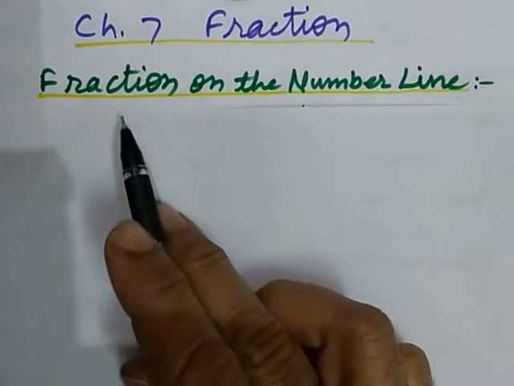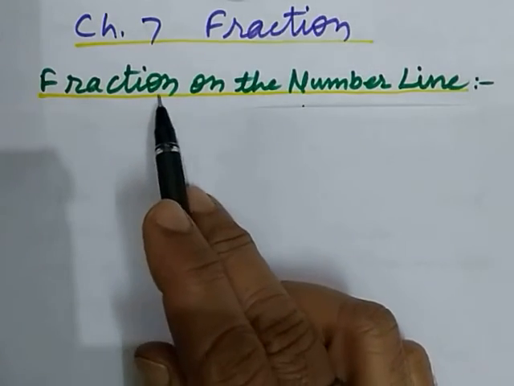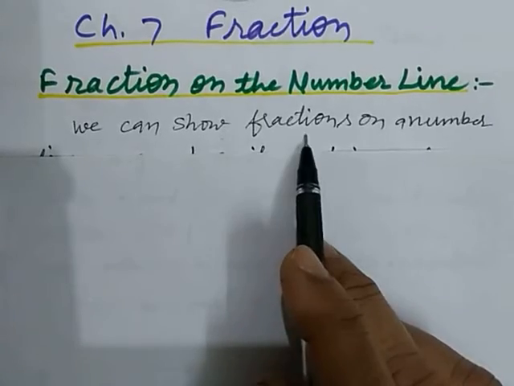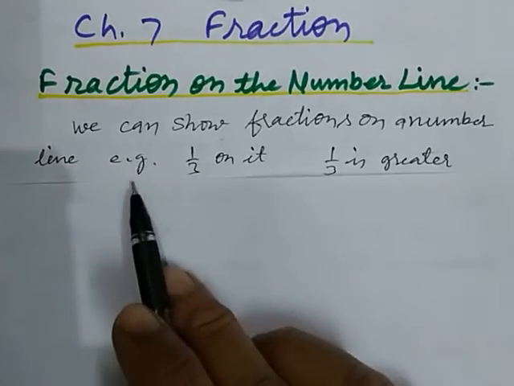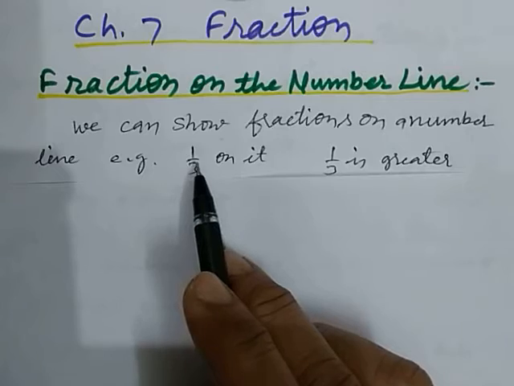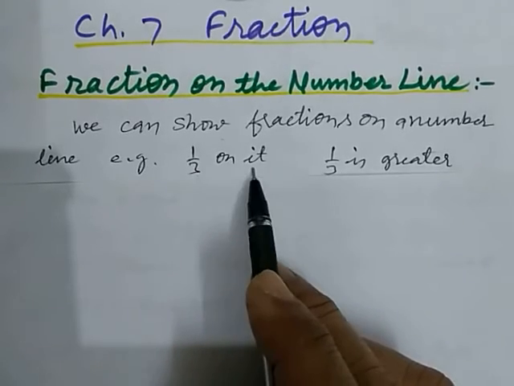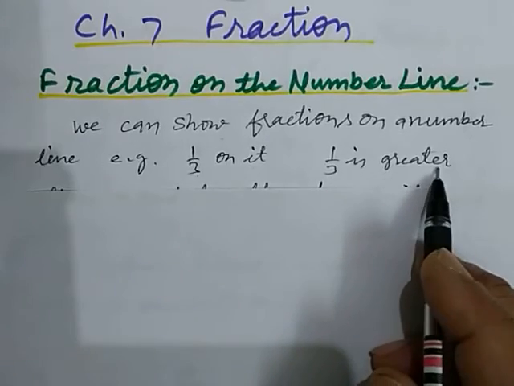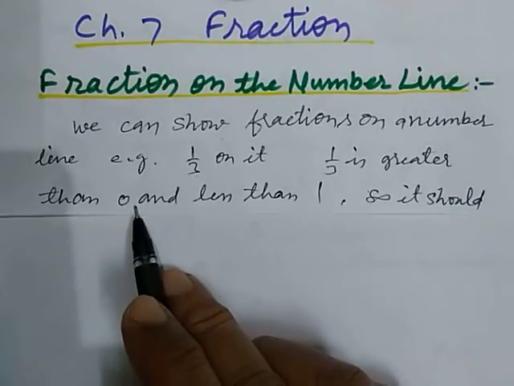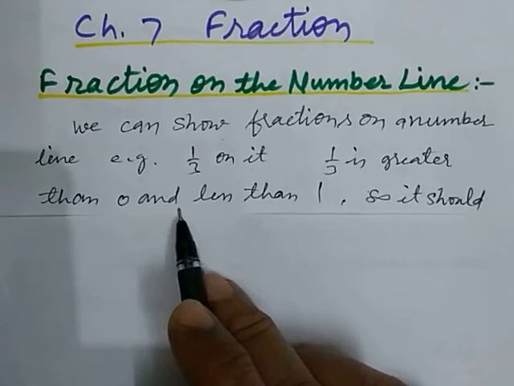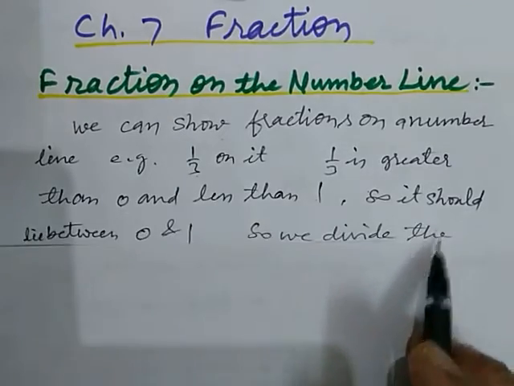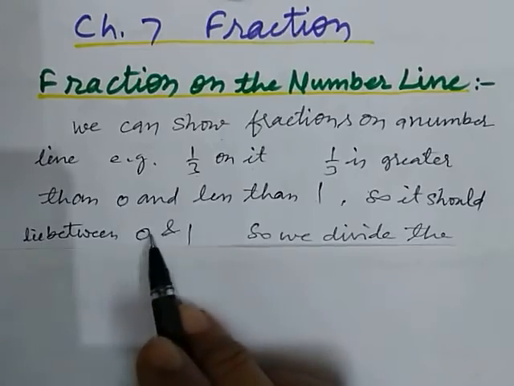Now we learn how to represent a fraction on the number line. We can show fractions on a number line. For example, if we want to express 1 by 3 on it, we know that 1 by 3 is greater than 0 and less than 1. So it should lie between 0 and 1.